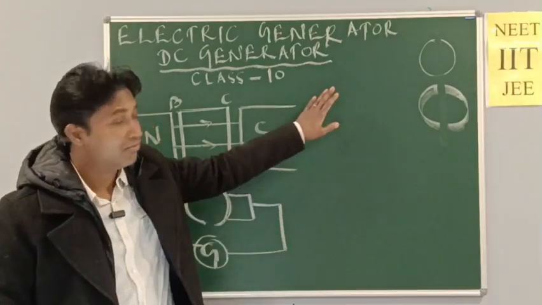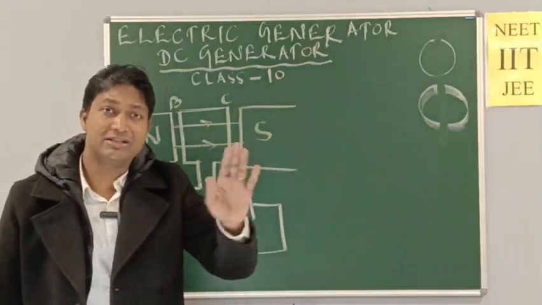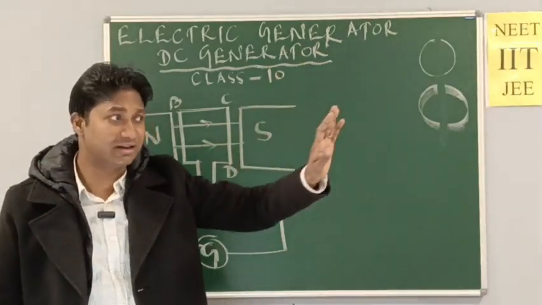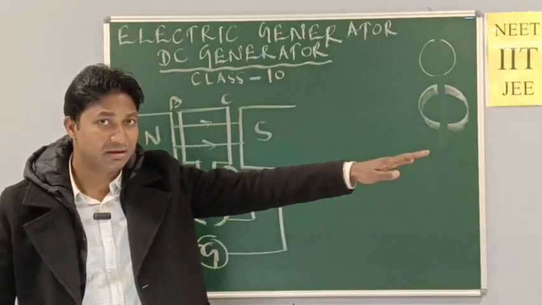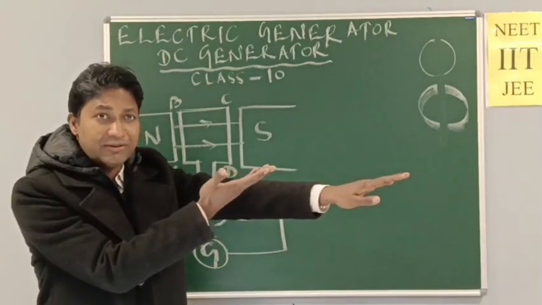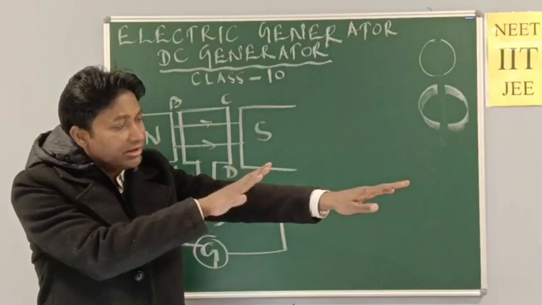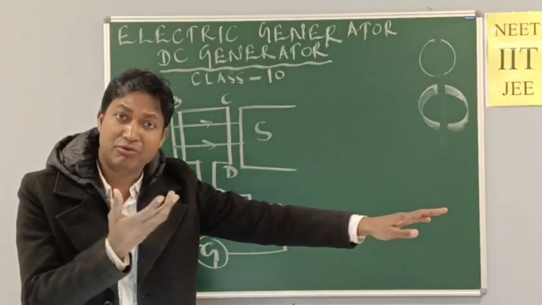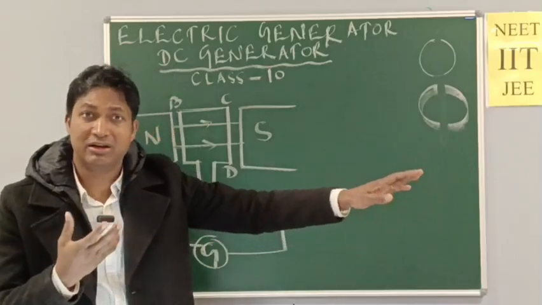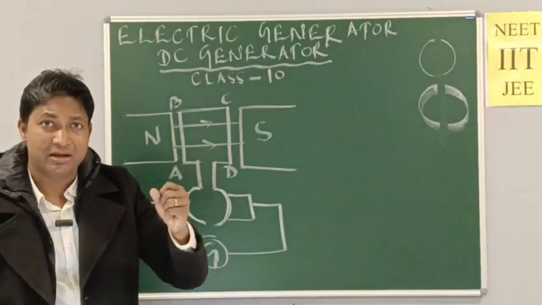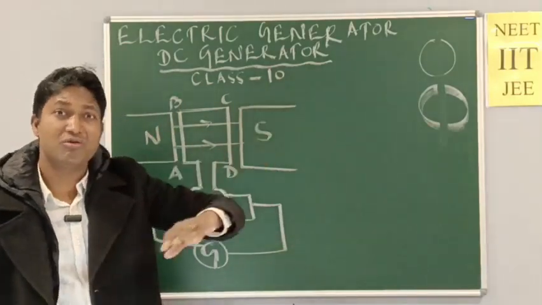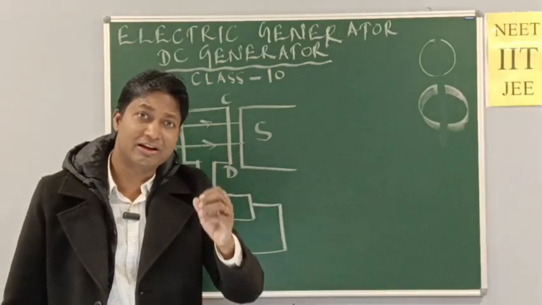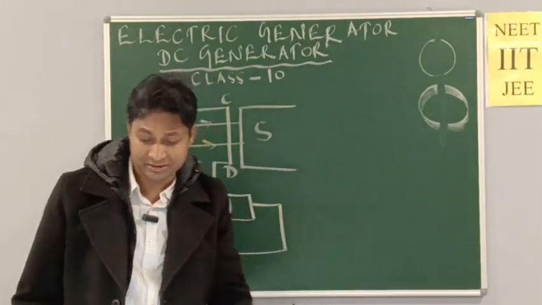Its principle is electromagnetic induction. What is electromagnetic induction? Here is a magnetic field. A coil rotates inside the magnetic field. Inside the coil there will be an induced current, and we want induced current. So here we say mechanical energy is converted into electrical energy. We need electrical energy.